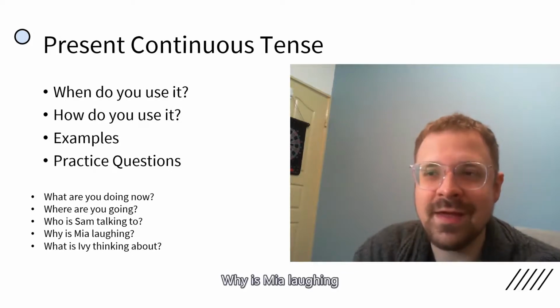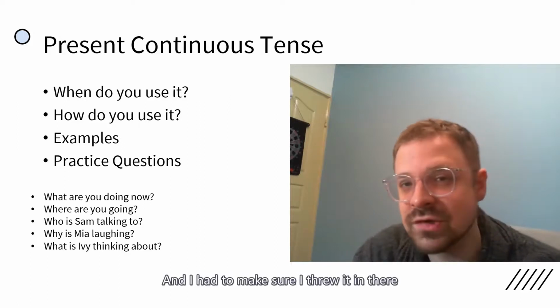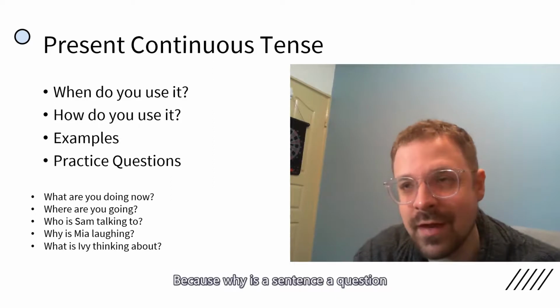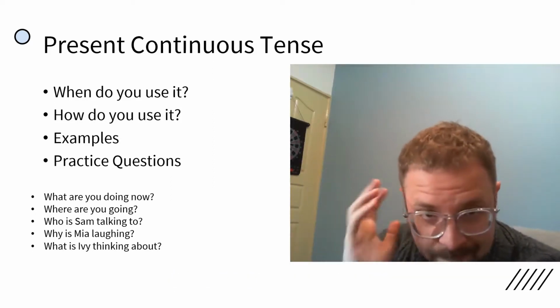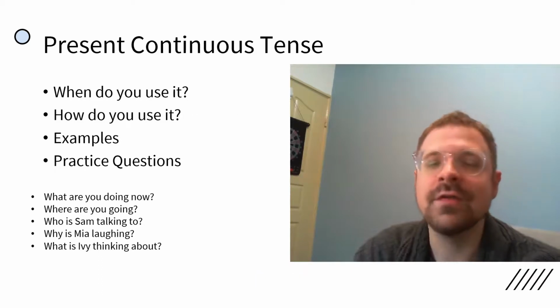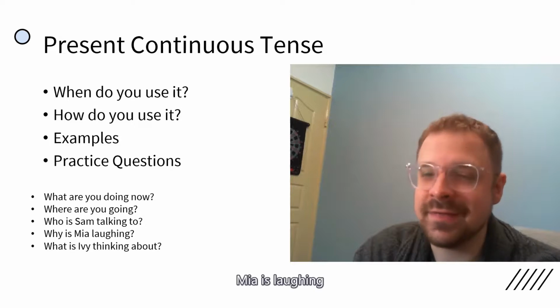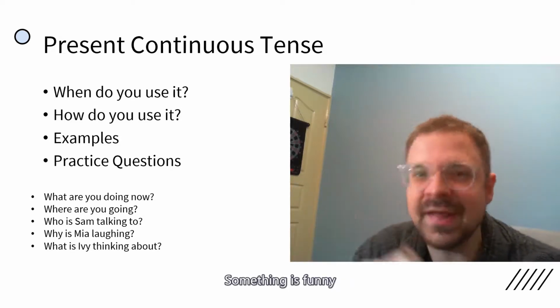Why is Mia laughing? Now this one is a little tough, and I had to make sure I threw it in there because why is a question that means that our sentence has to use because. So, why is Mia laughing? Mia is laughing because something is funny.